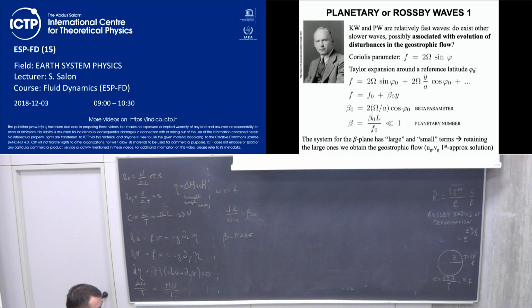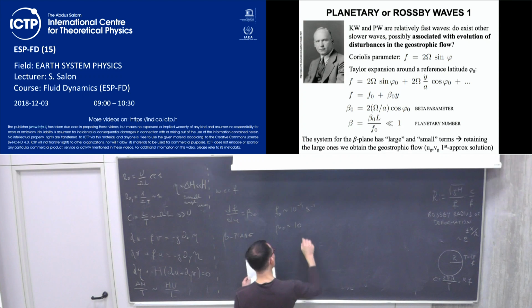And if we consider the value of beta0, if f0 has a value of 10 to the minus 4 second to the minus 1 at the mid-latitude, when phi0 is order 45 degrees, beta0 will be 10 to the minus 11 meters to the minus 1 second to the minus 1.